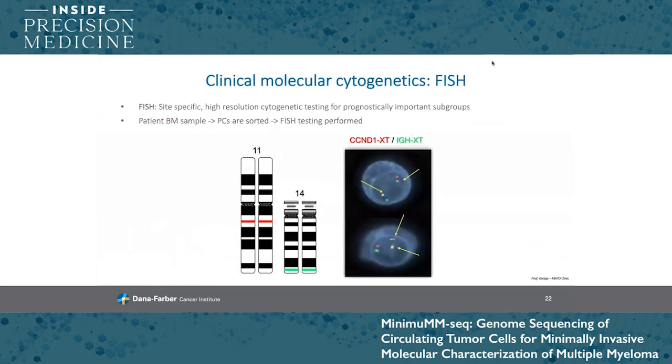So how does the FISH test work and how can it be improved? FISH is a site-specific high-resolution cytogenetic test for prognostically important subgroups of myeloma. After a bone marrow sample is taken, plasma cells are enriched and isolated before slide preparation, and FISH testing is performed with different probe sets.